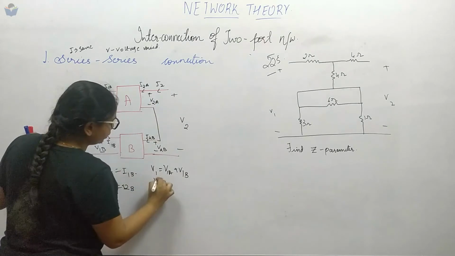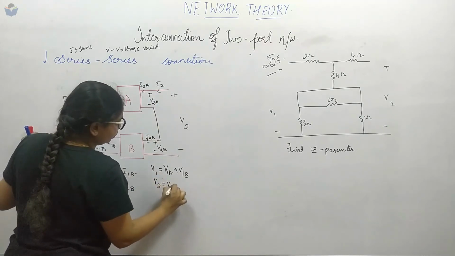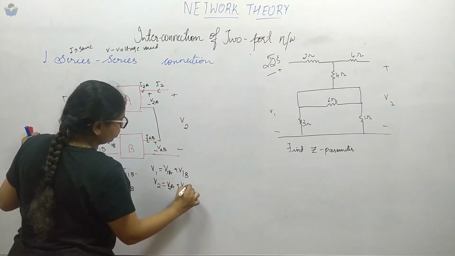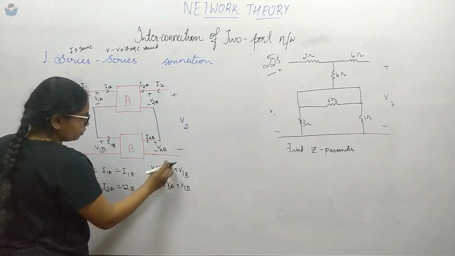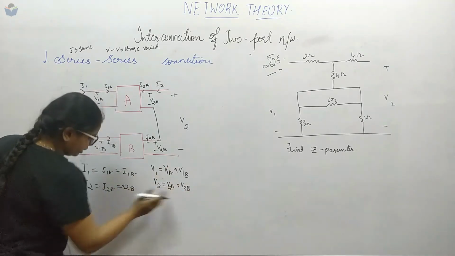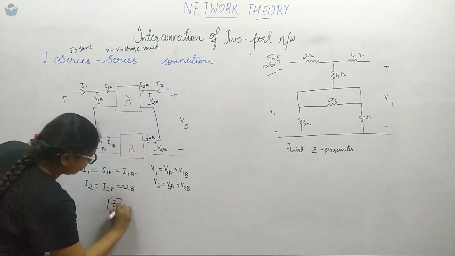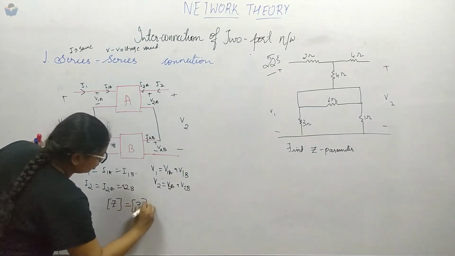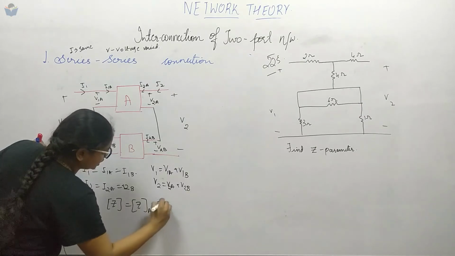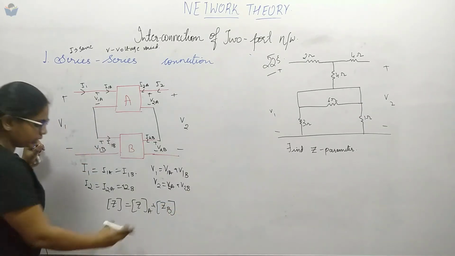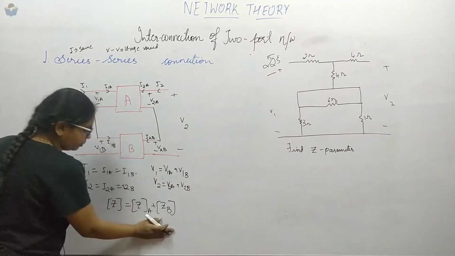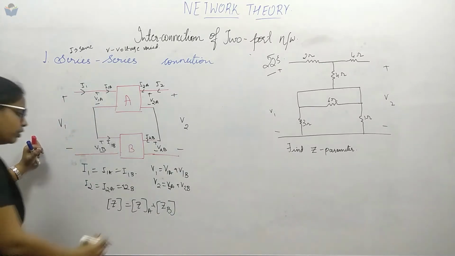Over here, V2 is equal to V2A plus V2B. So it becomes addition. Current is the same, so when we divide the whole equation by current, we get the Z parameter. The Z parameter will be nothing but ZA plus ZB. So impedance will be ZA plus ZB. This is what we have to do.